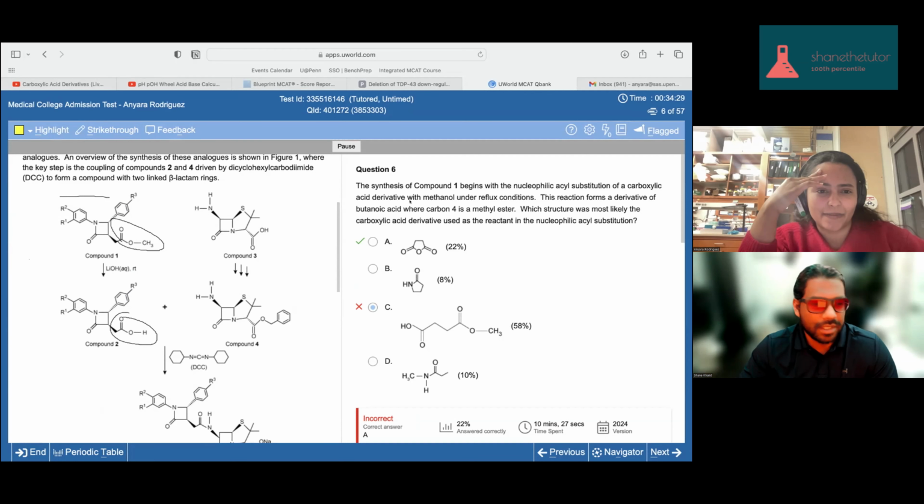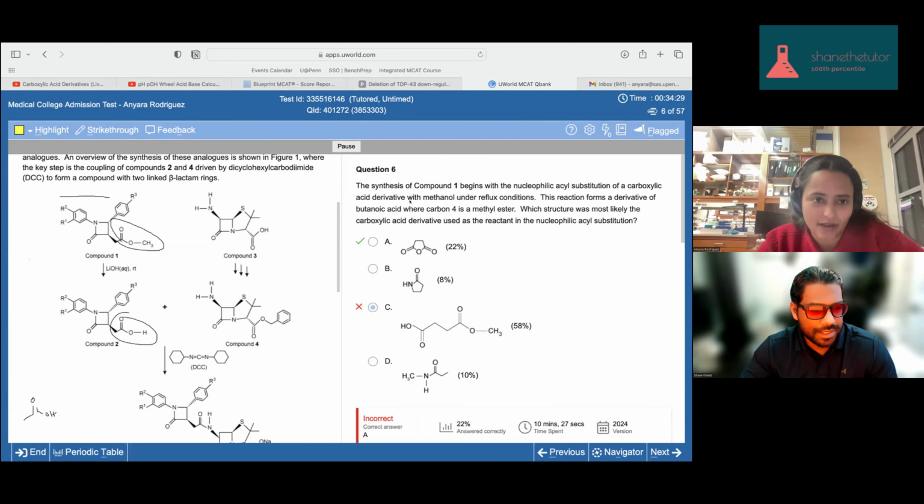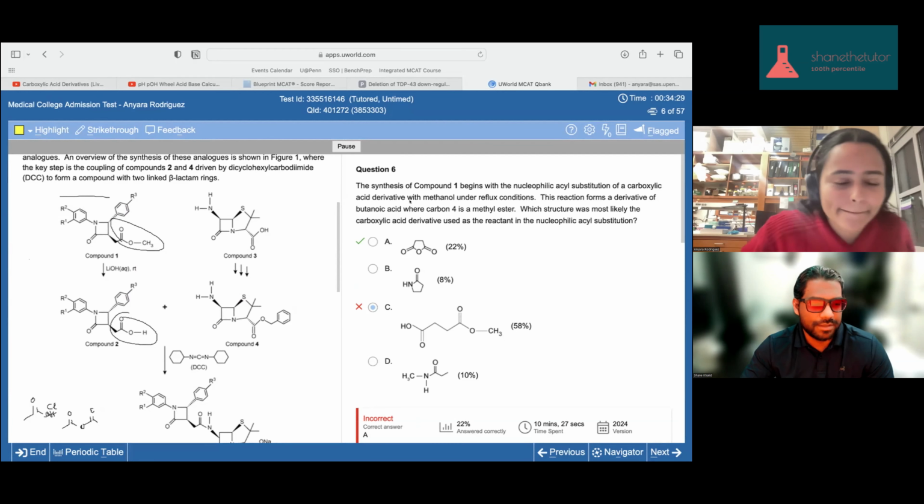So basically, if you just think of a carboxylic acid and you think of things that would replace the hydroxyl of this. It can be a chloride, like an acetyl chloride here, which is super reactive. It can be an anhydride like this, if you had two carboxylic acids binding.